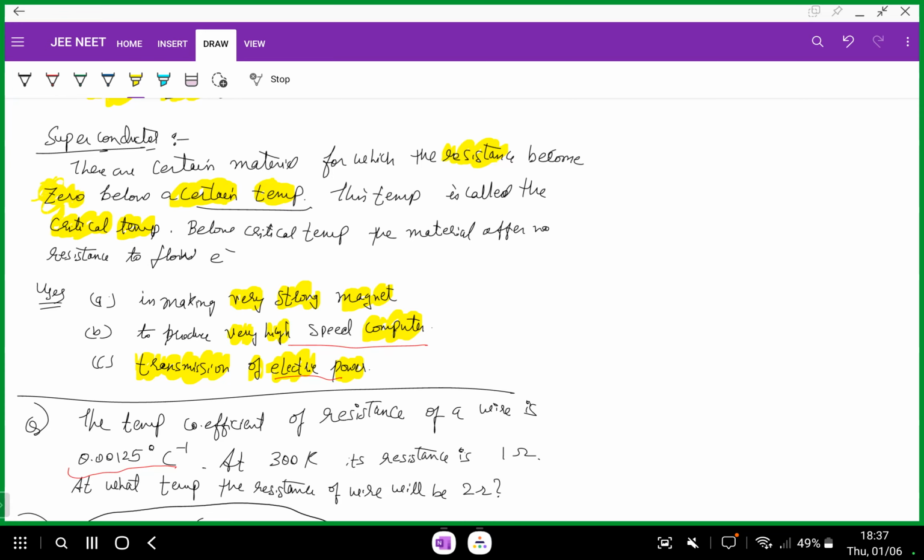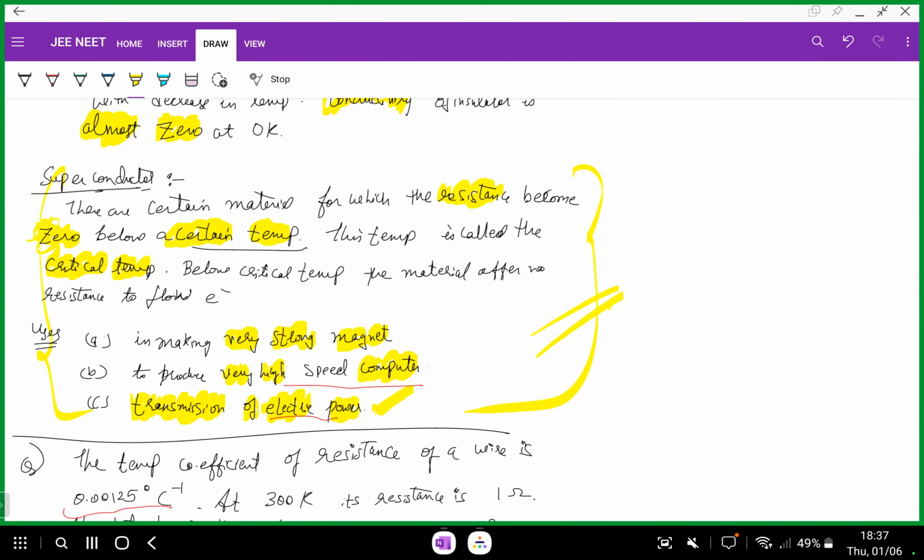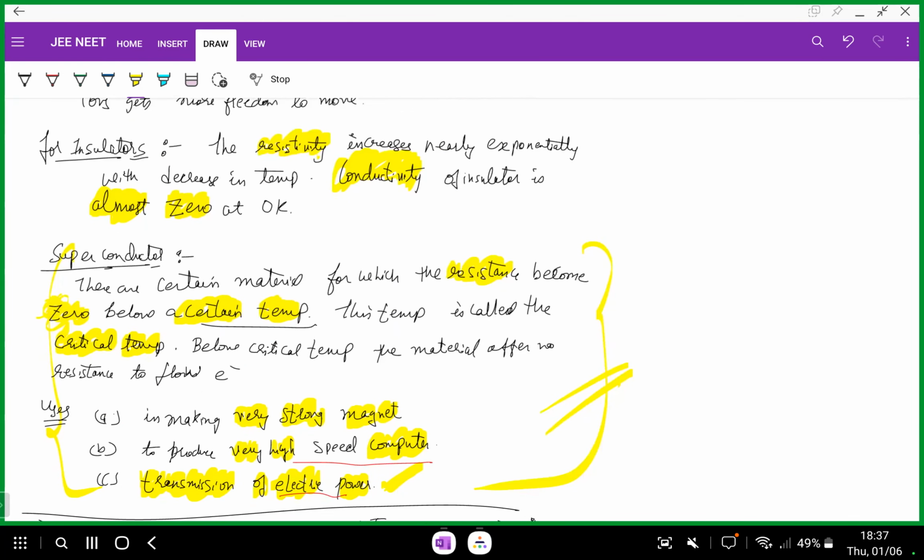Due to that heat, there will be a loss in transmission. That is about superconductors. Any doubt in this one?